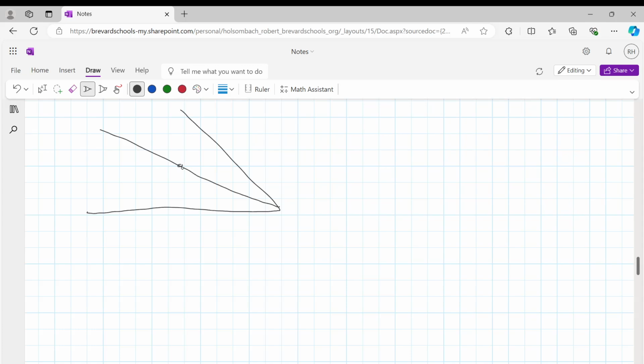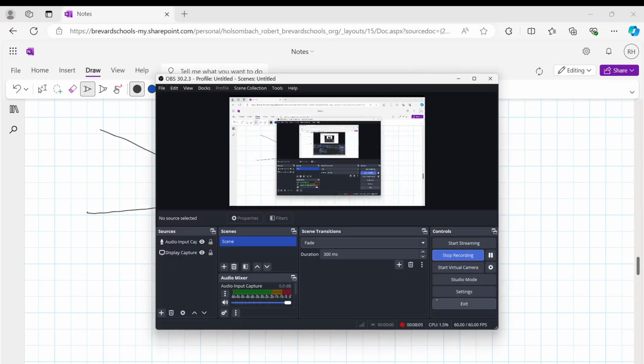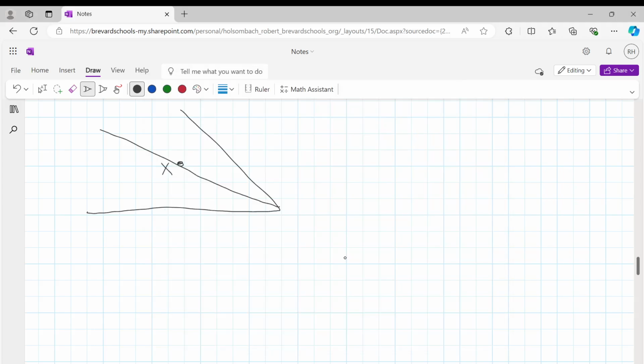We've got point X right here, point Y here, and we've got point W. You are told that both of these angles are 41 degrees.